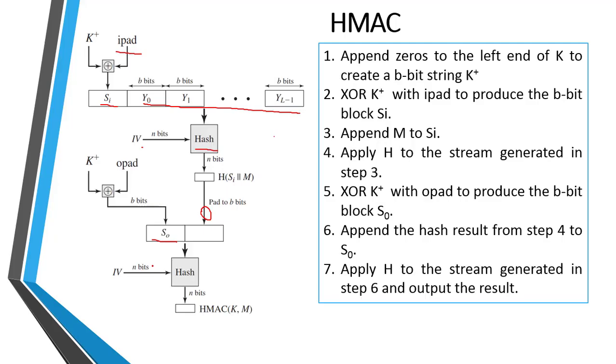And after that, further apply the hash function to the string generated in step number 6 and output the result. So here finally we are getting our HMAC output. So these are the steps in the HMAC algorithm.